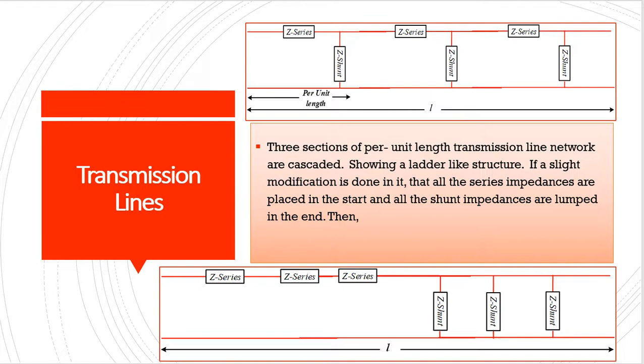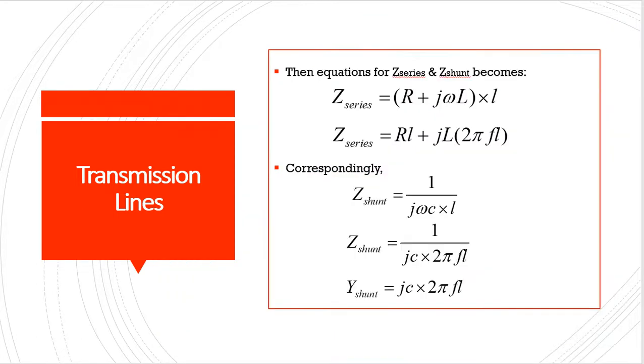In this case, the three components of the Z series are placed together, whereas the three components of Z shunt are lumped into the ending part of this network, right? So after it we can say that now we have to find the equations for Z series and Z shunt, right.